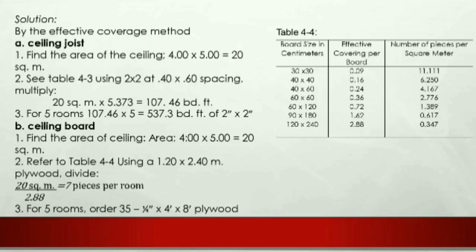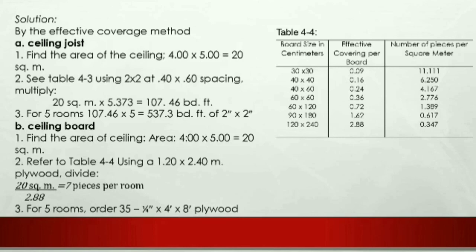get the coverage method, the ceiling joist and the ceiling board. First, find the area of the ceiling, then see table 4-3 and multiply it by 5 because it has 5 rooms, yielding 537.3 board feet of 2 inches by 2 inches.